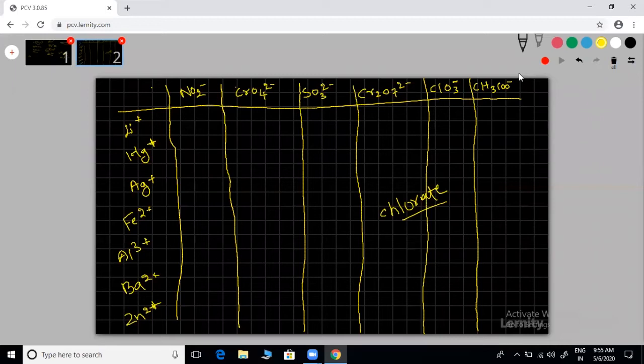Try to avoid referring to your class notes. You should remember. That's the reason I told you to practice all these things on rough paper one more time. If you take it lightly, thinking sir is not looking, okay, I can do it like this, then it's your wish. CrO4 2 minus, the name is chromate.